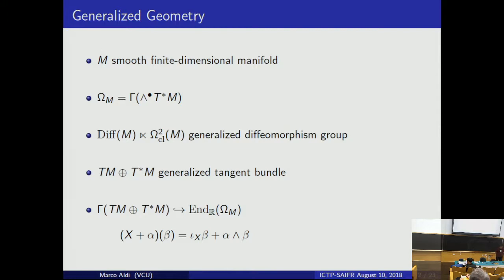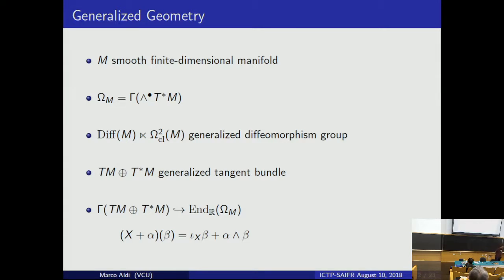And there are various ways to think about this, and the one point of view that I find particularly useful is to think of sections of the generalized tangent bundle as linear endomorphisms of the R vector space of differential forms. And the way this is realized is in the usual way.